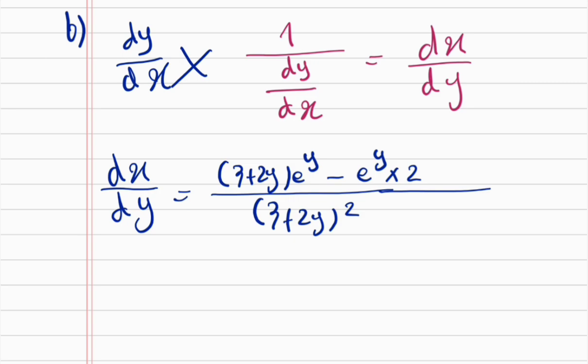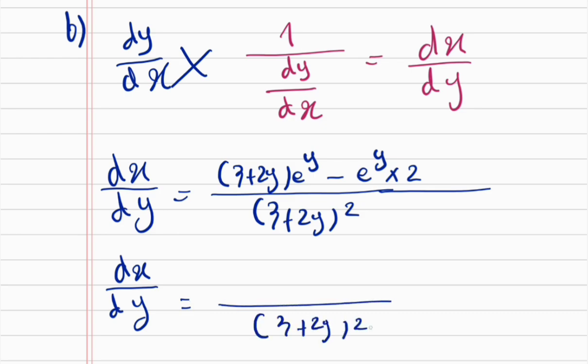We can simplify this to have a nicer form. In the denominator we have 3 plus 2y squared, and in the numerator we can take out a factor of e to the y. It's very common in quotient rule questions to factorize the numerator. So we get e to the y times 3 plus 2y, then the next bit is minus 2.